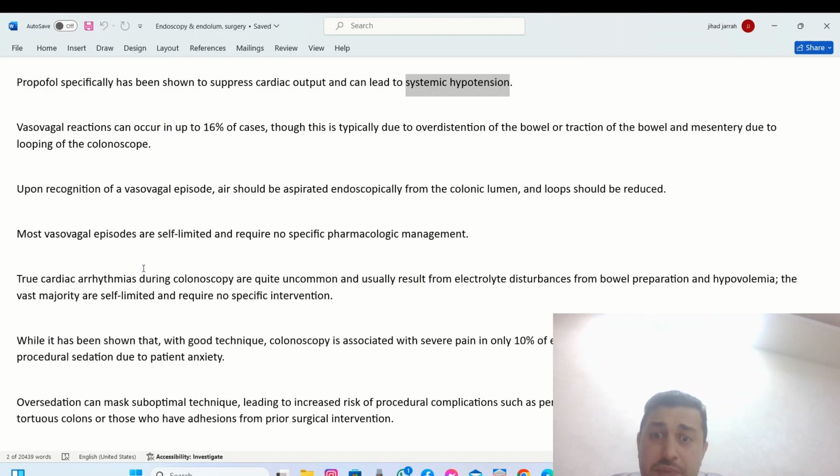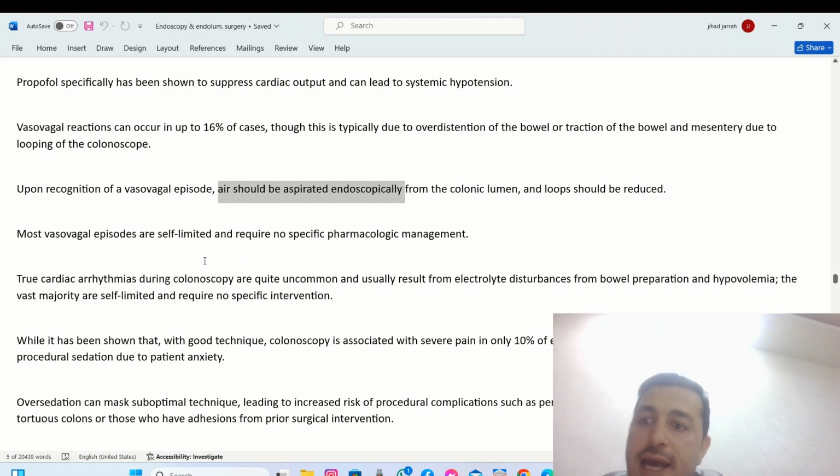They are usually self-limited, but if recognized, you have to stop the procedure, try to reduce any loop if there is any loop, and try to aspirate the air which you already insufflated.